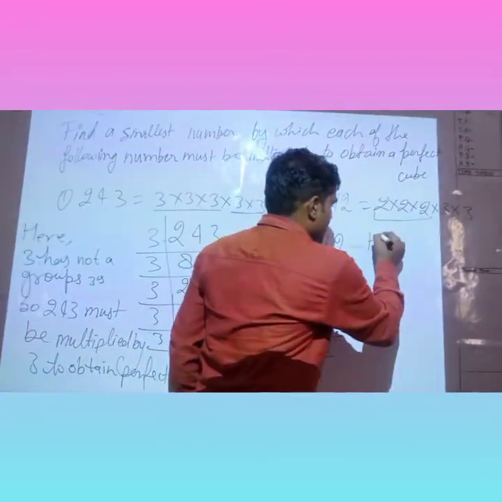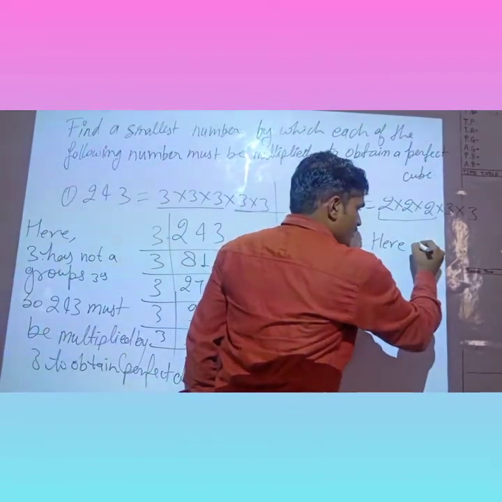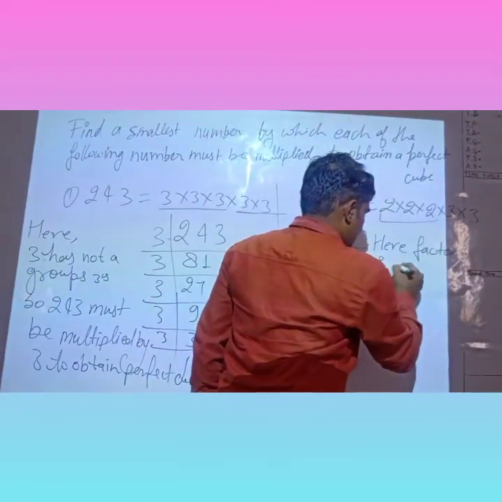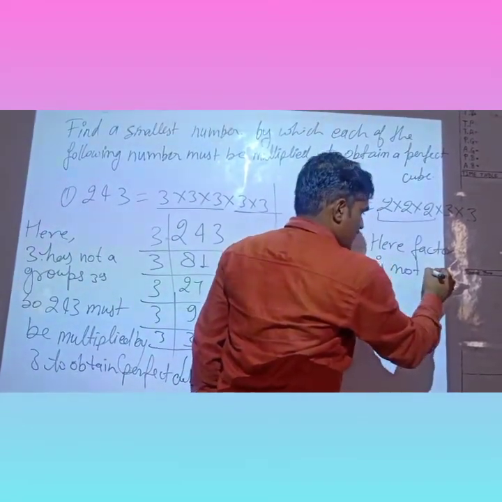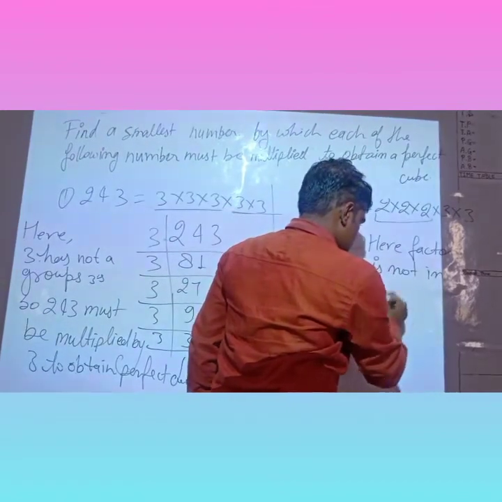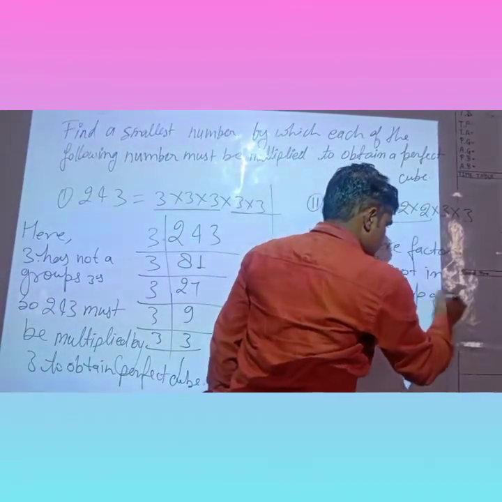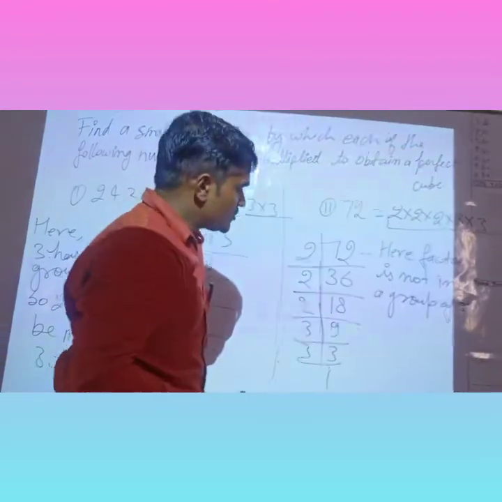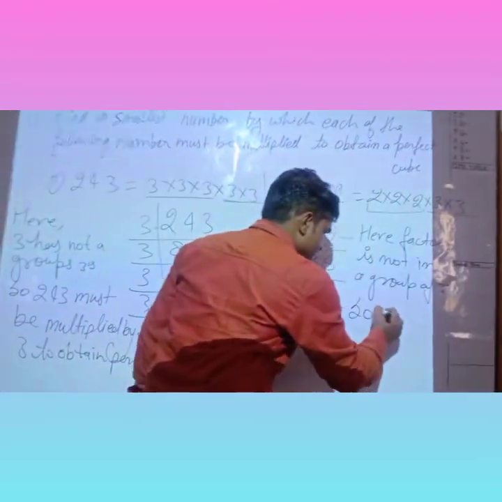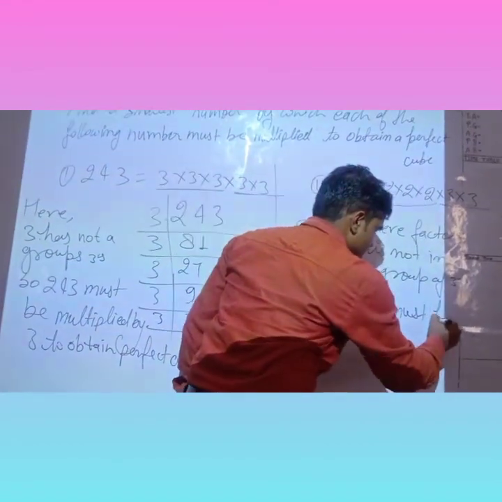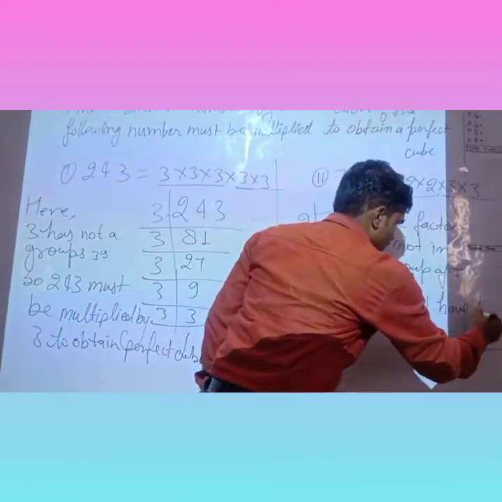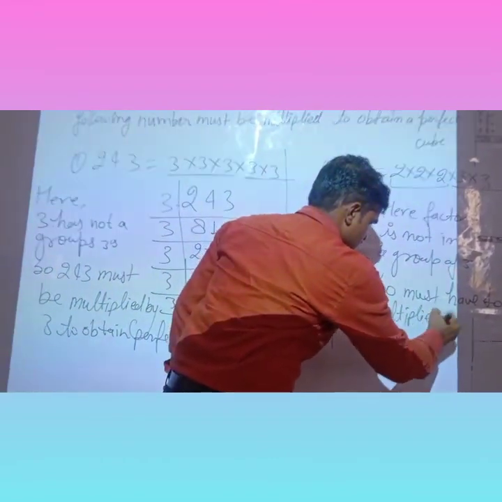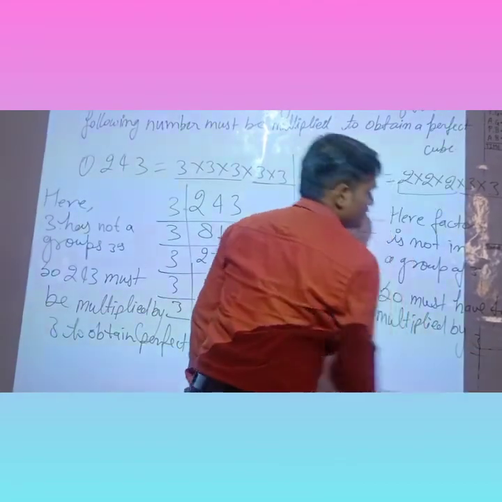So children, we will write here: factor 3 is not in a group of 3's, because we have to make a group of three 3's. So we must multiply by 3. Clear?